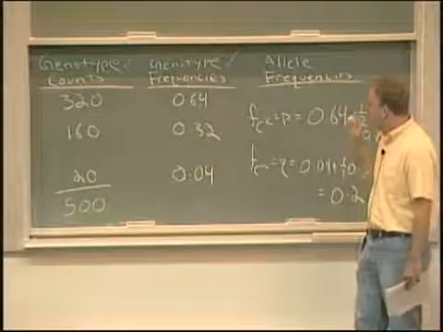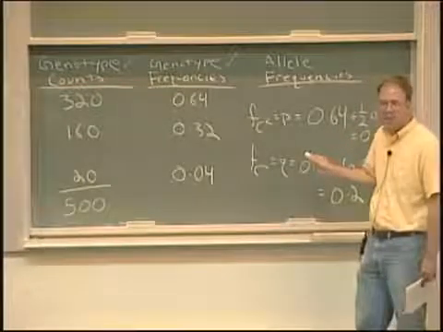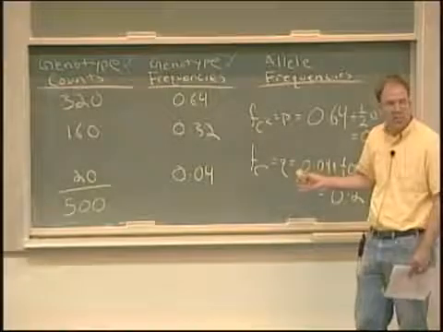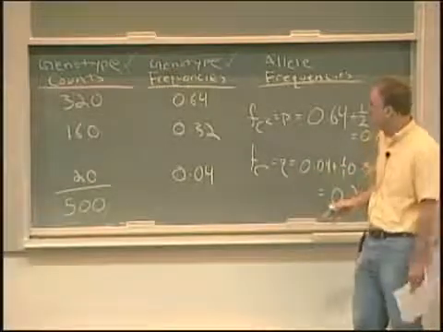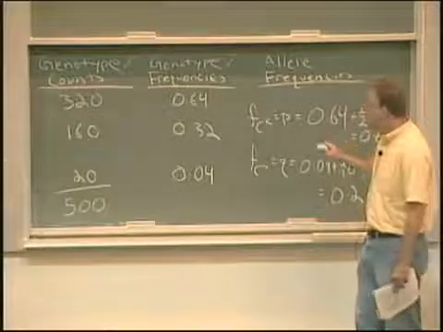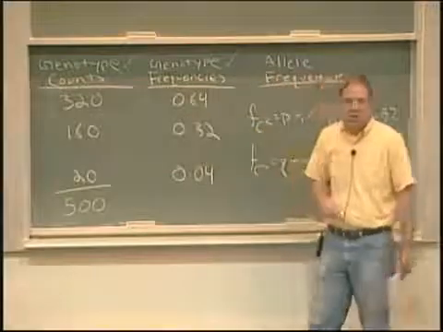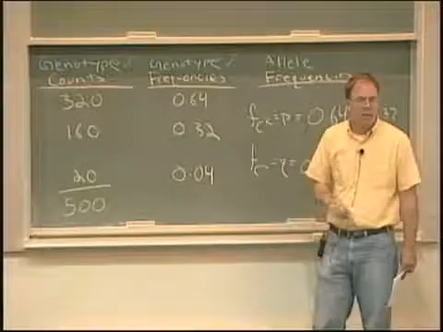Now, all we've done at this point is just characterize the frequencies of the genotypes and alleles in the population. No higher math was involved, and none of the stuff I'm going to tell you involves hard math. Hardy-Weinberg predicts the frequencies of the alleles and the genotypes in the next generation. That's the key.